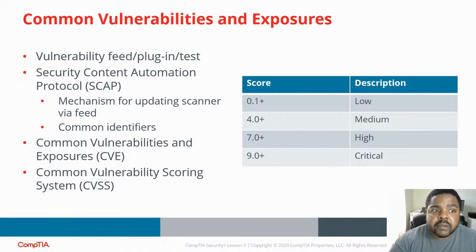Then the scoring system is the CVSS, the Common Vulnerability Scoring System, and you'll normally see it as a scale from 1 to 9. The closer you are to 1, the more likely you could let that vulnerability slide. But the more you're getting up to your 7s, 8s, and 9s, the more you want to seek the patch or whatever remediation they advise, and apply it as soon as possible.